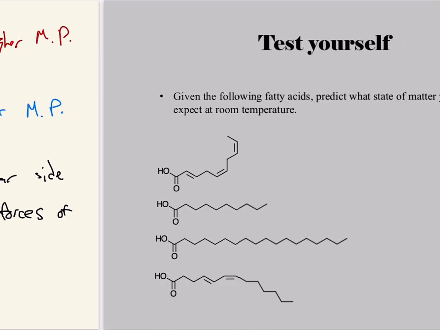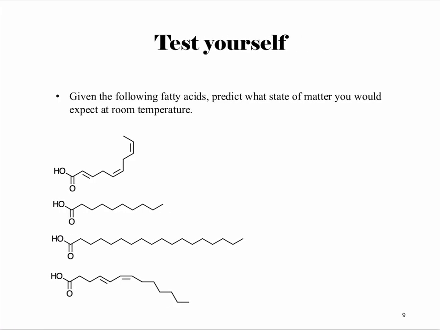Anyone still writing? All right, so if we look at these 4 fatty acids, predict what state of matter you would expect to see at room temperature. You guys have seen different fatty acids at room temperature. If we look at things like oils versus butter, coconut oil, those are all going to be fatty acids or triglycerides.